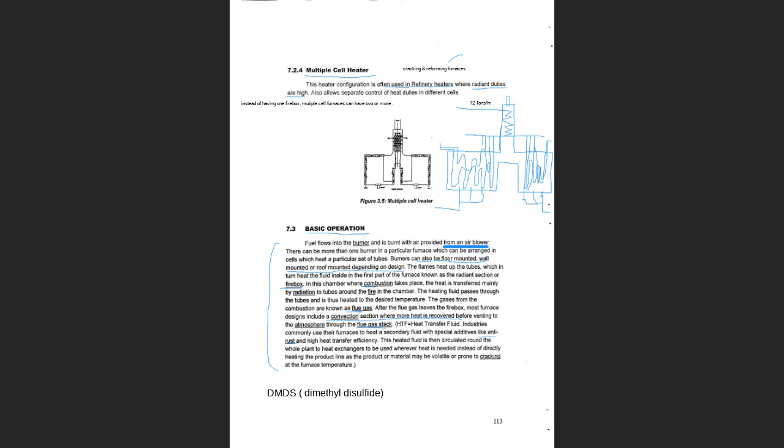Yeah, you can look it up, guys. I mean, DMDS or dimethyl disulfide. This is a very famous chemical that is injected with the process fluid. كمية بسيطة جدا يا اخوان، ما هي كمية كبيرة، كمية بسيطة جدا مع البروسيس فلويد. هذا الكيميكال يساهم نوعا ما في انه يقلل من عملية الكوك فورميشن.